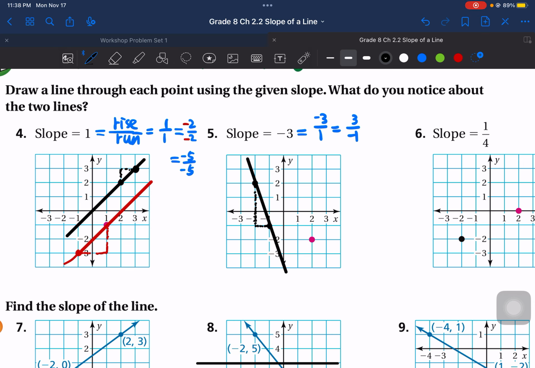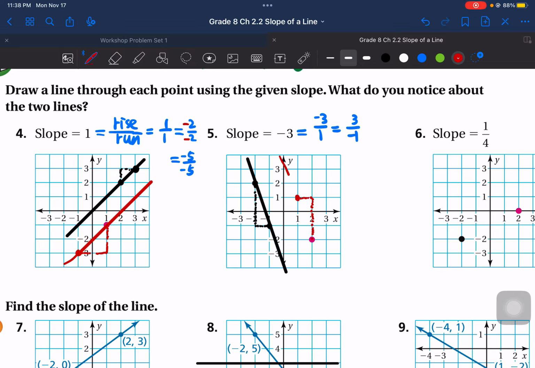And then for the red point, I want to do 3 over -1. So rise is 3, so it has to go up 1, 2, 3 units. And then the run is -1, so it has to go to the left 1 unit.